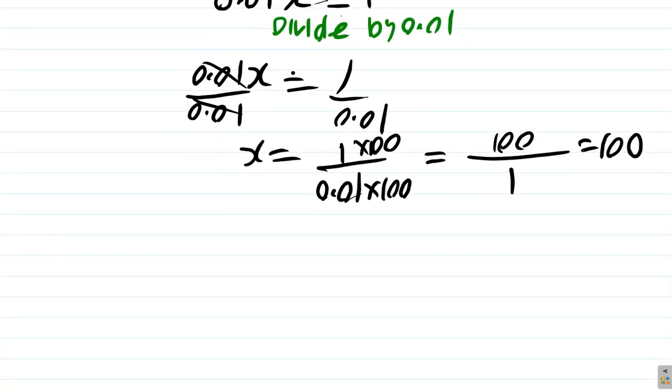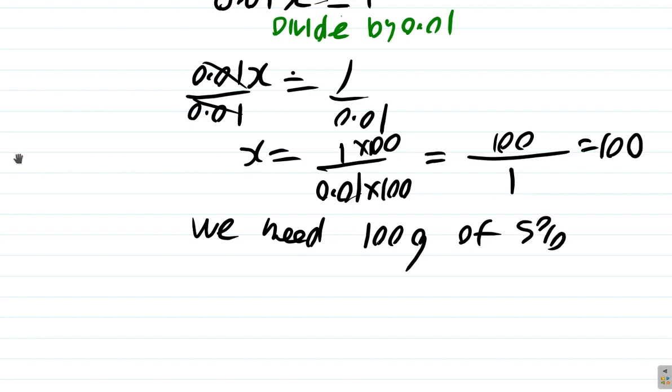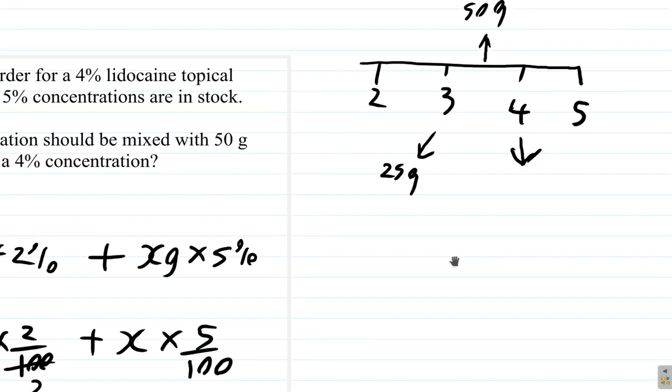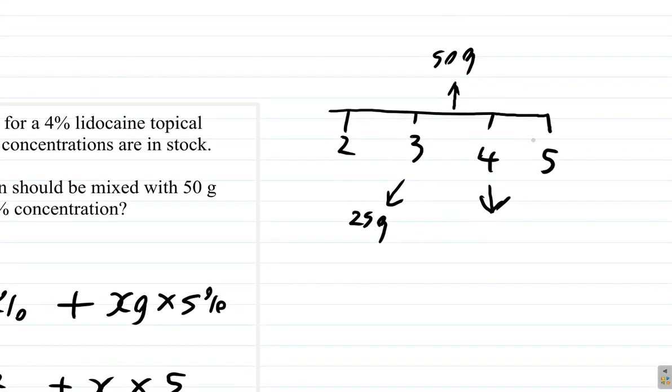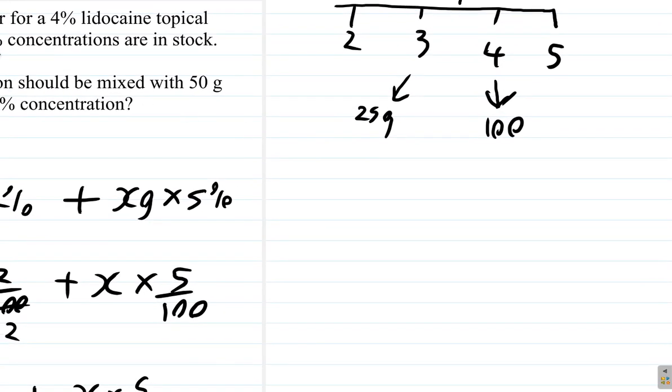So we need 100 grams of the 5% solution. So here, look at this. 100 grams. So we'll have a total of, oh, not 120 grams, a total of 150 grams of the 4% solution.